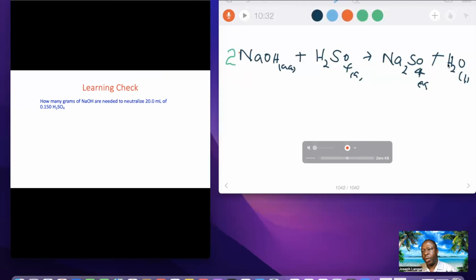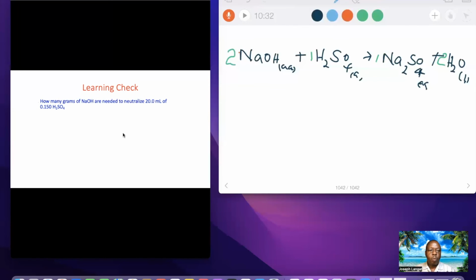I have 1 here, so I may need a 2 in front of H2O. 4 plus 2 is 6, so oxygen is taken care of. Let's see hydrogens. 2 times 1 is 2 plus 2 is 4. 2 times 2 is 4. So the coefficients in the balanced equation, we're going to need them in our calculation.